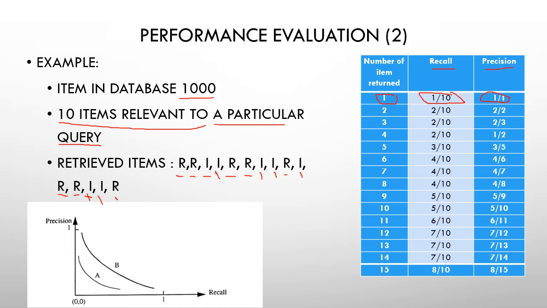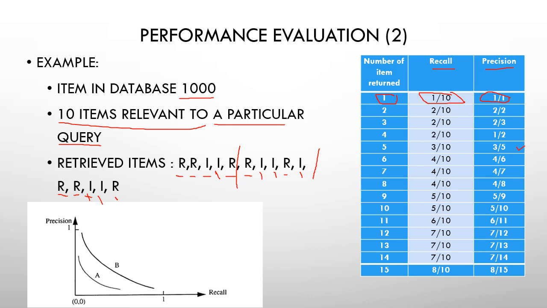If the number of documents retrieved is 5, for example, then the precision is 3/5. We limit it here: there are 3 relevant items and 2 not relevant items, so the precision is 3/5, which is about 60%. Now let's suppose we compute again after the system retrieves 10 documents. What happened?